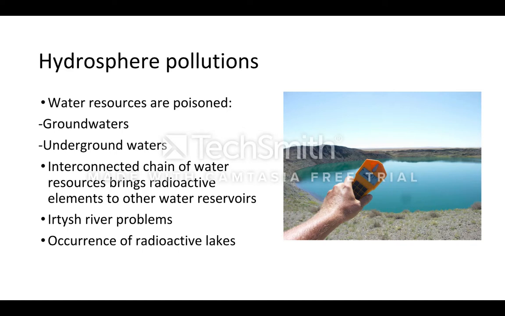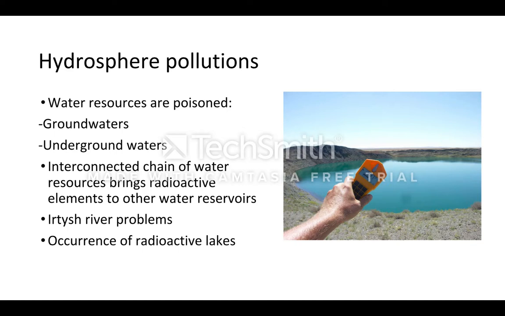The most common forms of pollution in the hydrosphere are waste products from humans and from industries. Nutrient pollution, for example, fertilizer runoff, causes eutrophication, an excess of nutrients in the water leading to excessive plant growth.